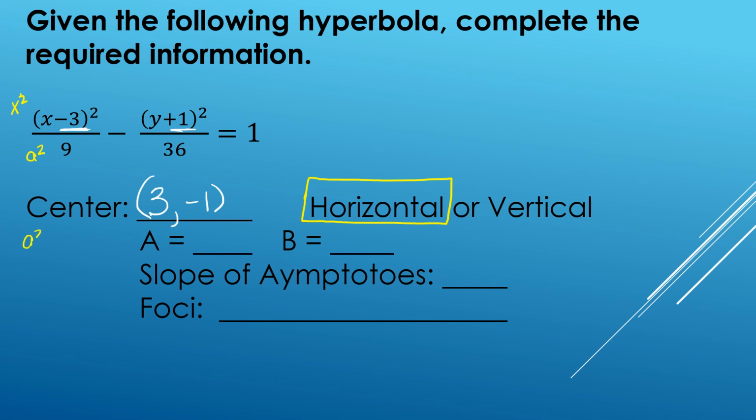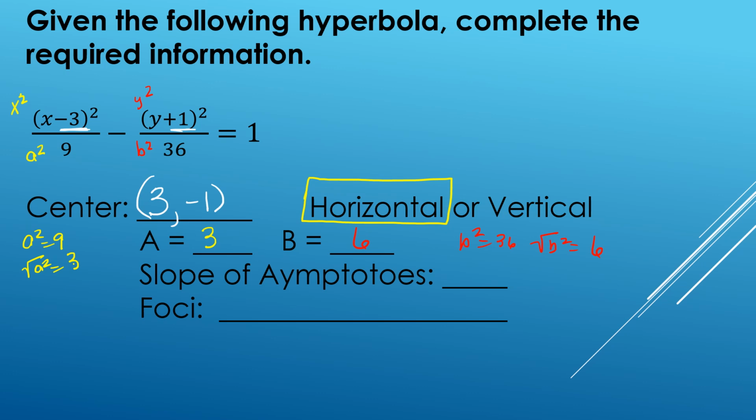And if a squared equals 9, when I take the square root, we'll get that my a value equals 3. Then our b value is going to come from what's underneath the second term, the y squared term, for this example. So if b squared equals 36, when you take your square root of b squared, you would get 6 for the length of b.